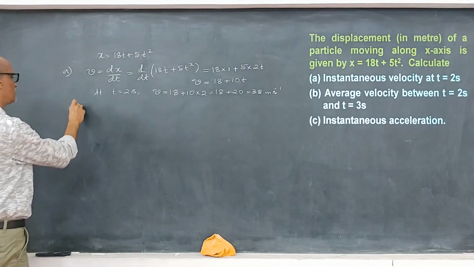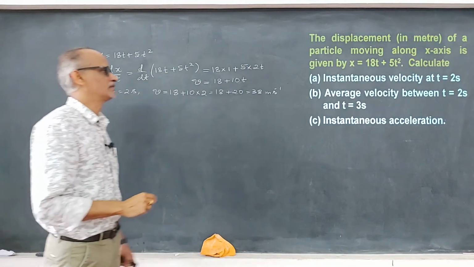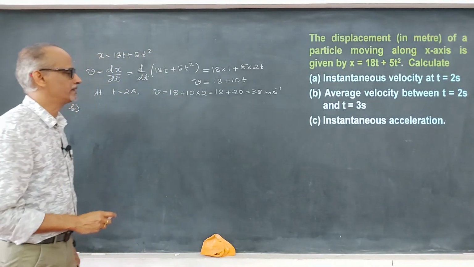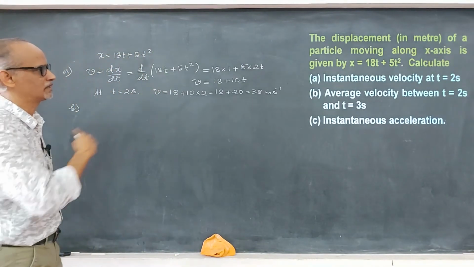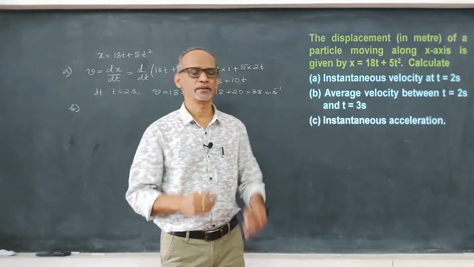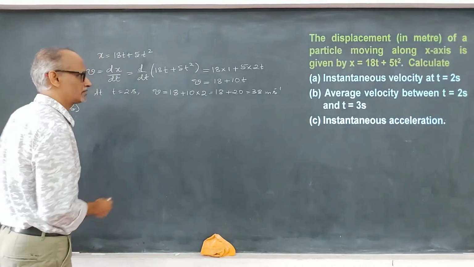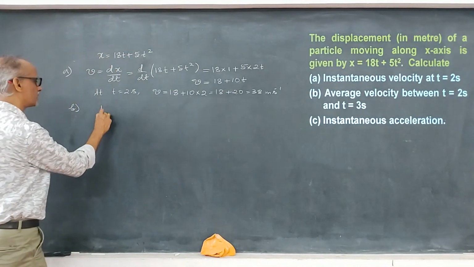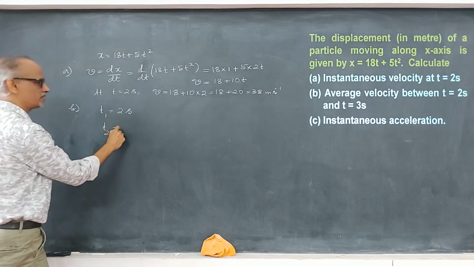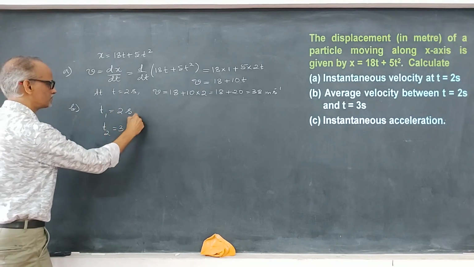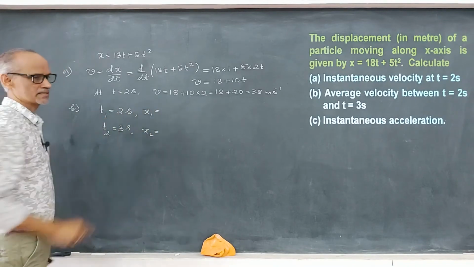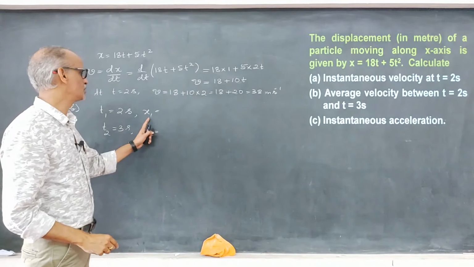Let's go for option B now. Average velocity between t is equal to 2 seconds and t is equal to 3 seconds. Average velocity is always found between two time instants, t1 and t2. So t1 is equal to 2 seconds and t2 is equal to 3 seconds. When t1 is 2 seconds, let us find x1, the initial position.